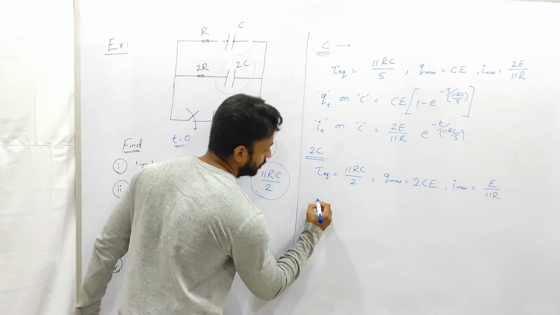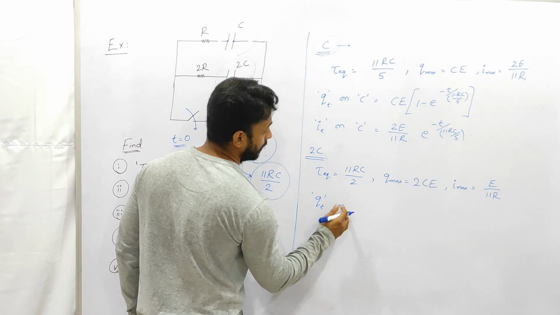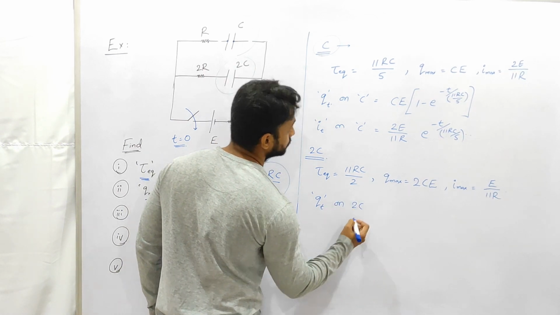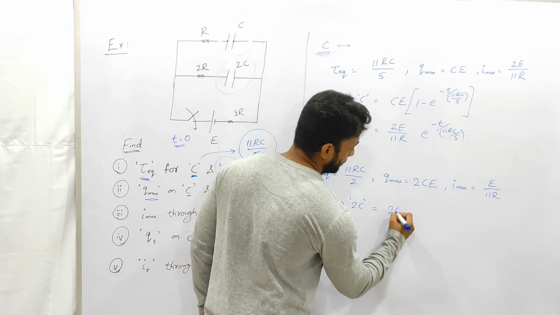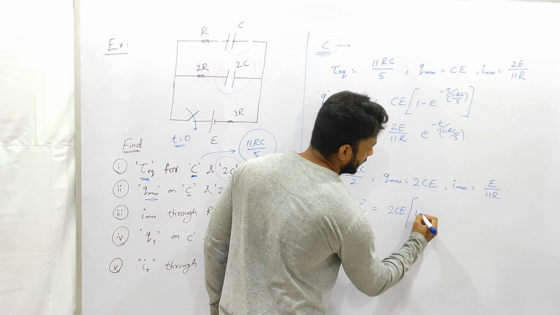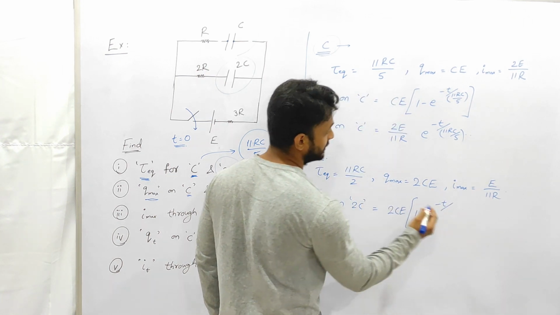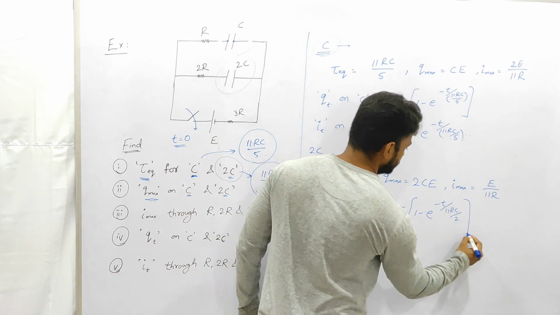Now, how do we get Q as a function of time on this 2C? That is Q max into 1 minus e power minus t by tau equivalent. But the tau equivalent in this case is 11RC by 2.